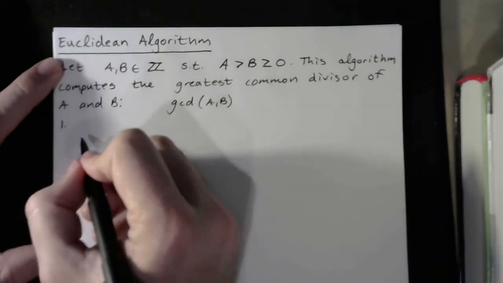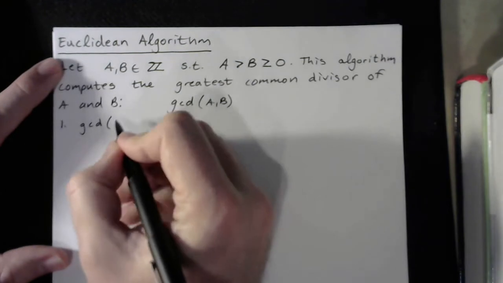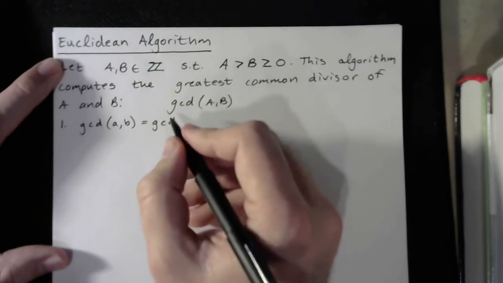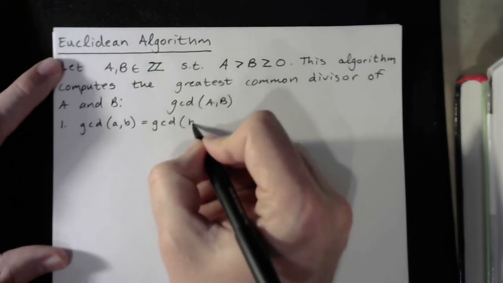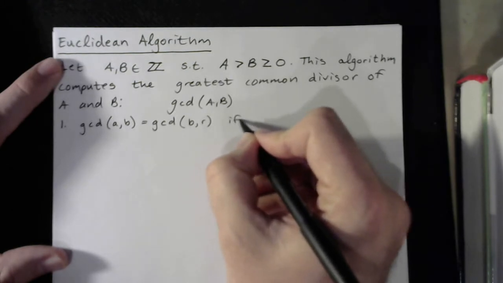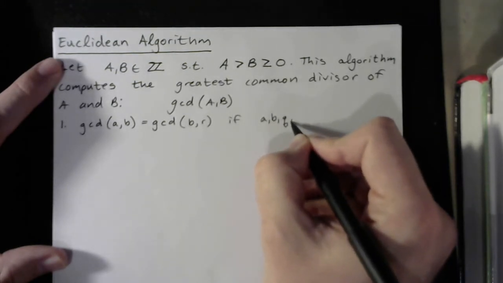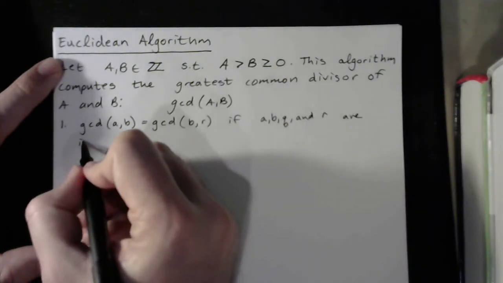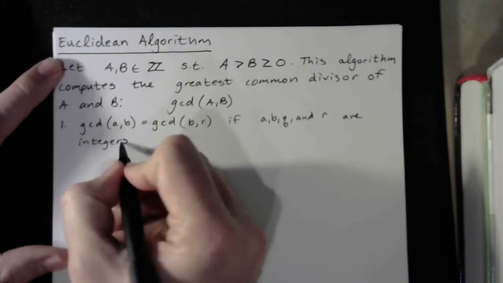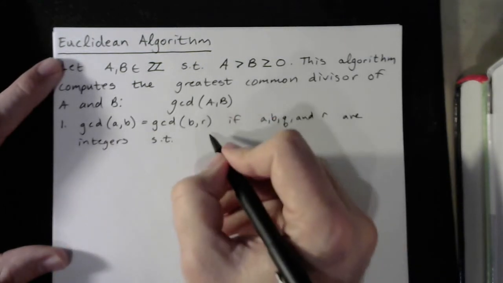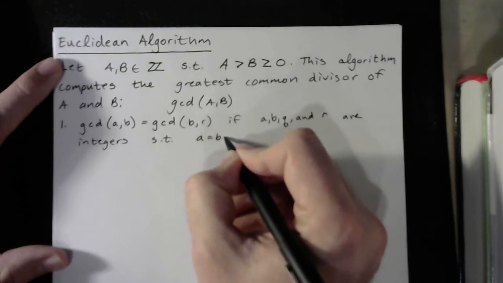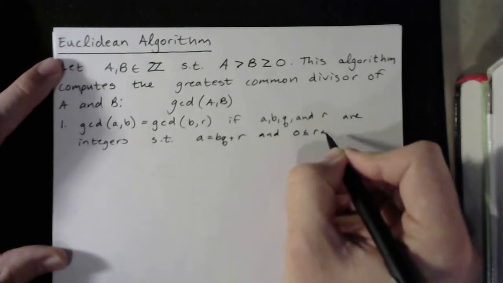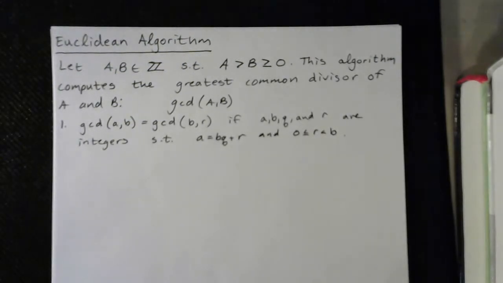So first, the GCD of little a comma b equals the GCD of b comma r if a, b, q, and r are integers such that a equals bq plus r and 0 less than or equal to r less than b. So that's the remainder theorem.